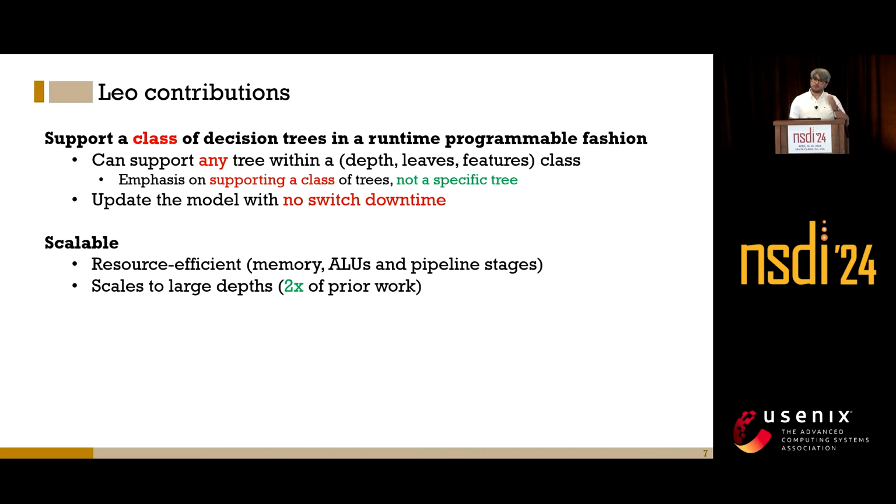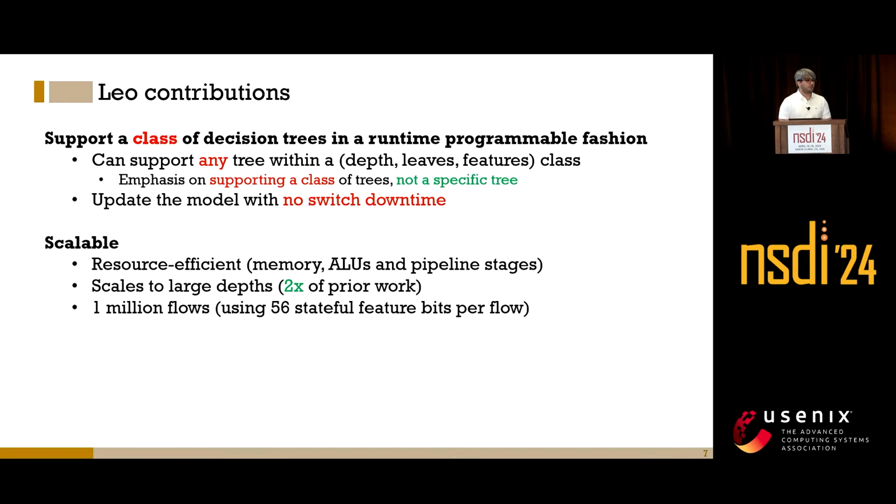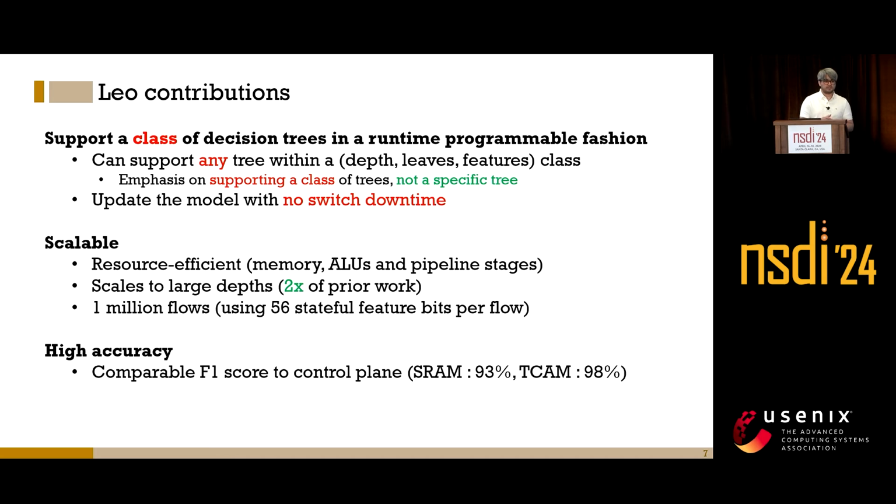Our evaluations show that Leo scales to large depths that are twice as deep as the state of the art, while also managing a large number of concurrent flows. Finally, Leo is also highly accurate, and our evaluations show that the classification accuracy is comparable to a server-based scheme.